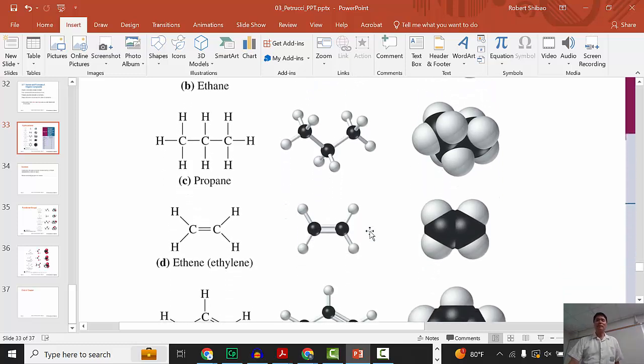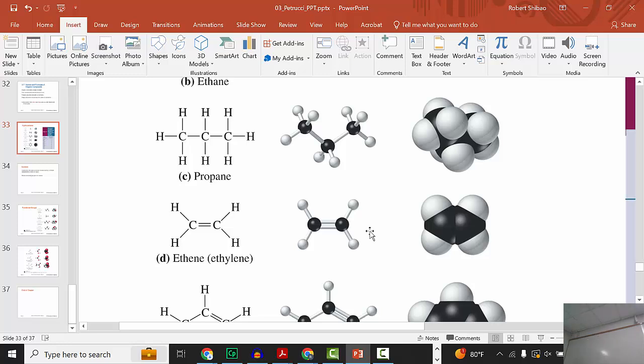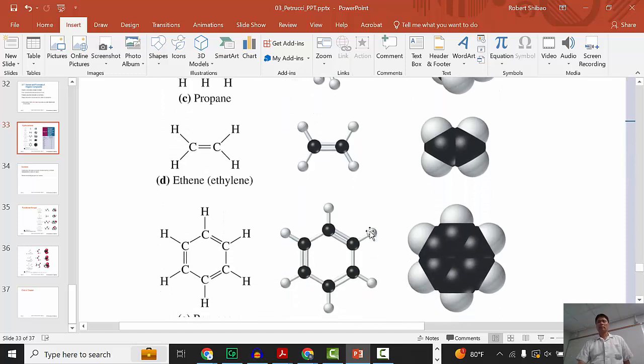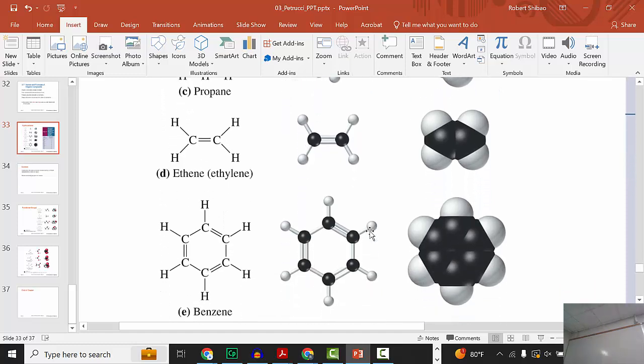These are all highly flammable. 3 carbons here. Prop. No double, no triple bonds. Propane. So propane, this is what people use in barbecues. How many carbons here? 2. Double bond? Yes.